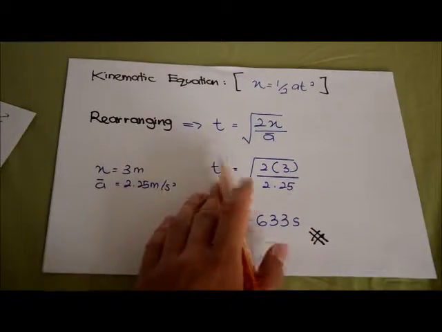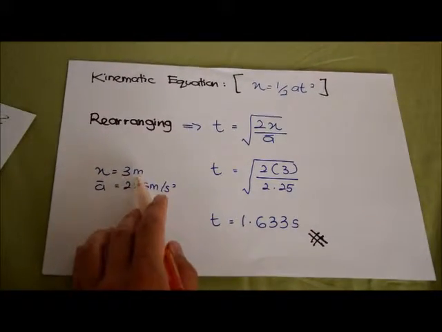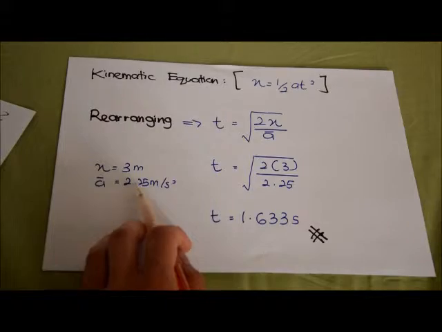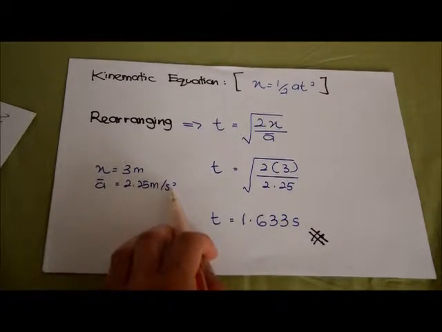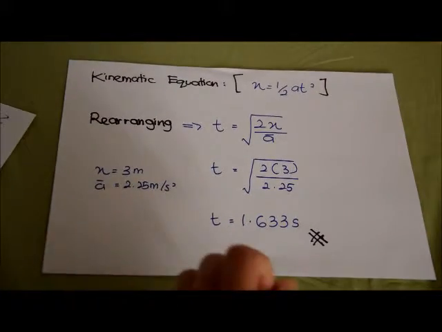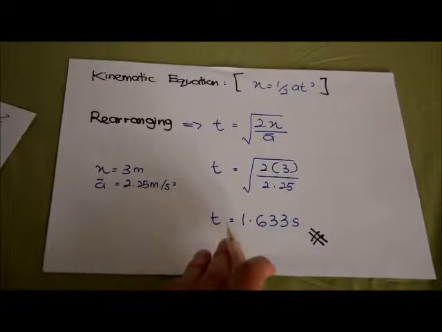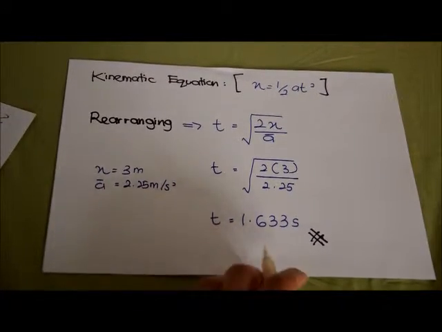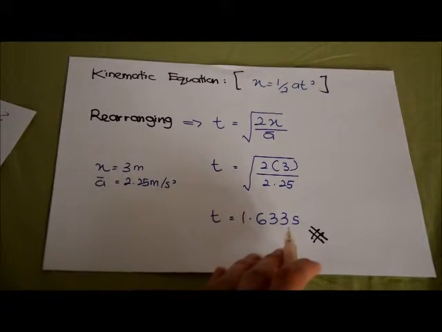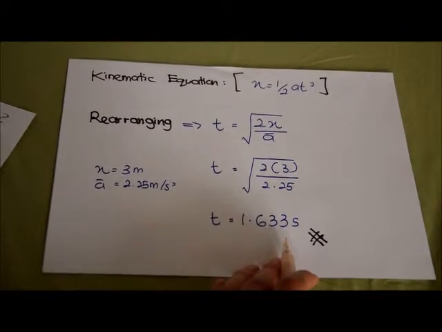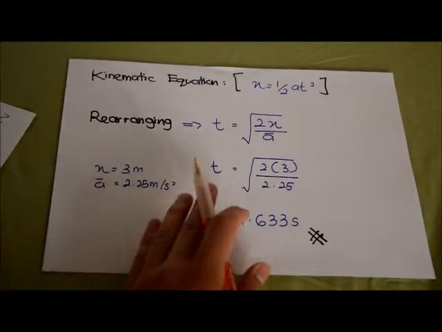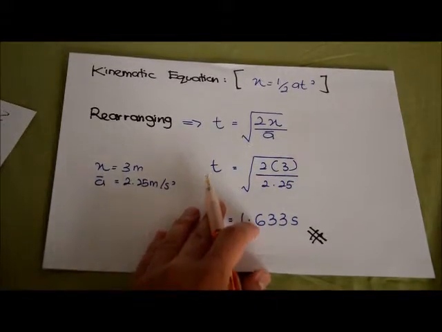By knowing that x equals 3 meters and a bar equals 2.25 meters per second squared, we get the time for the hoop to move a distance of 3 meters down the incline equal to 1.633 seconds. Now, we are done with the question.